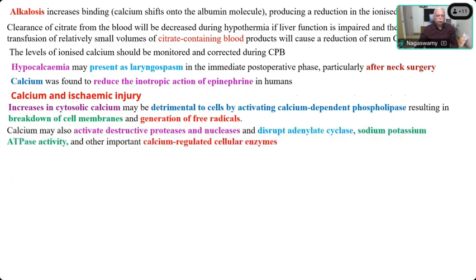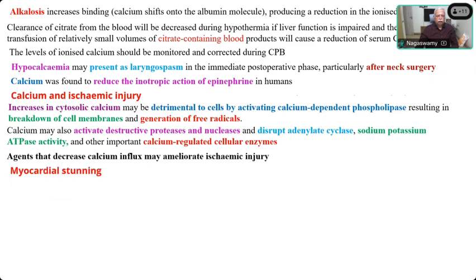And calcium also activates destructive proteases and nucleases and disrupts adenyl cyclase, sodium potassium ATPase activity, and other important calcium-regulated cellular enzymes. And agents that decrease calcium influx may ameliorate ischemic injury. So if you are able to prevent the entry of calcium into the cytoplasm, that may mitigate the severity of ischemic injury.